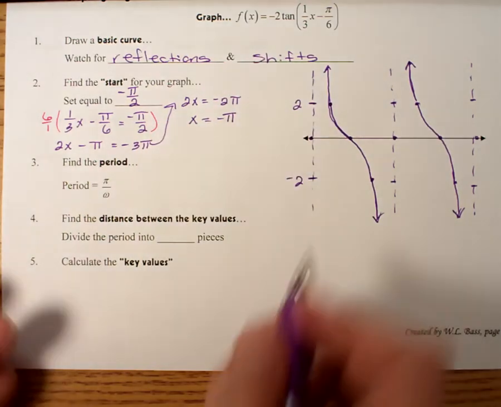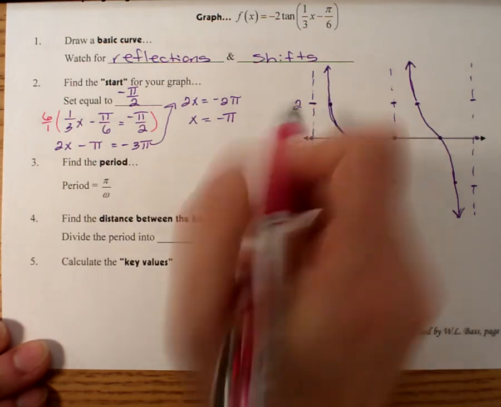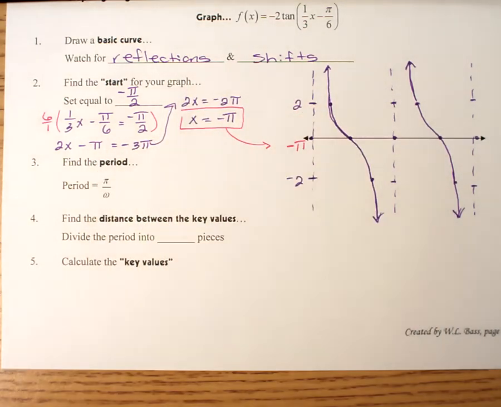So my first value that I need to put on my graph is -π. This gives me that first point to the left, although it doesn't always have to be to the left.